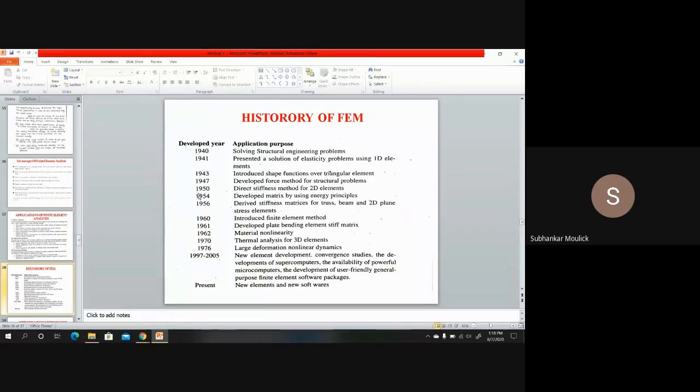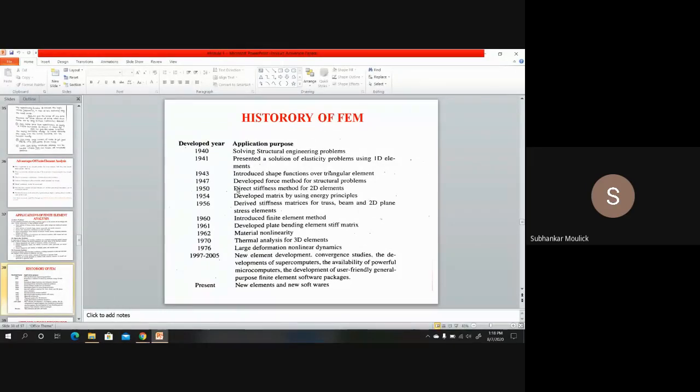You can see that it was first discovered in 1940, and during that time FEM was used to solve structural engineering problems. Similarly, in 1950, by the help of FEM, people derived the direct stiffness matrix for two-dimensional elements.